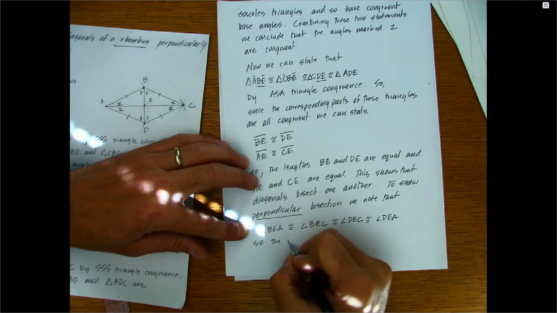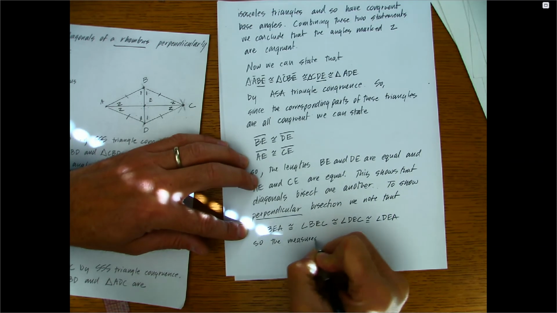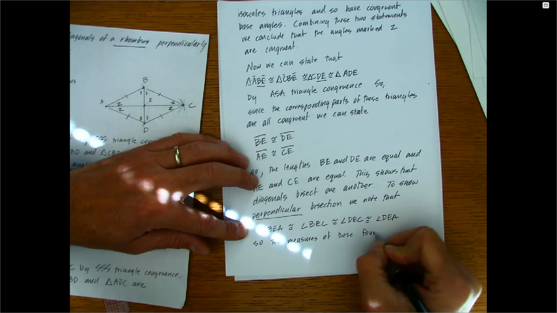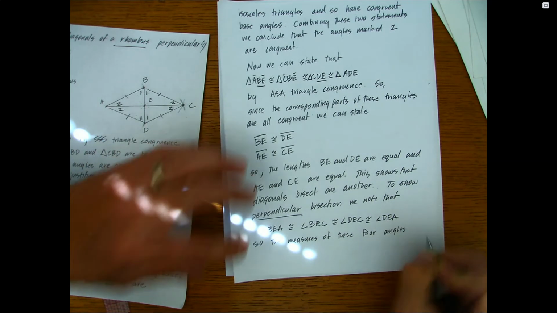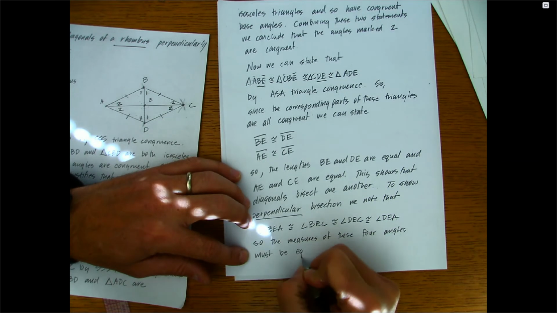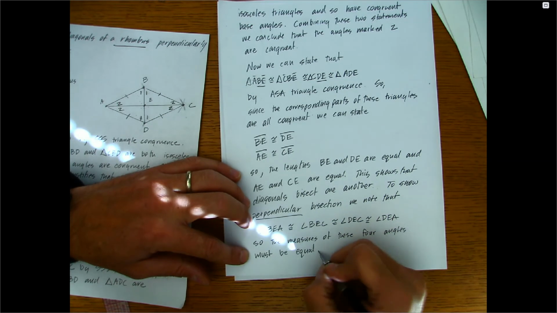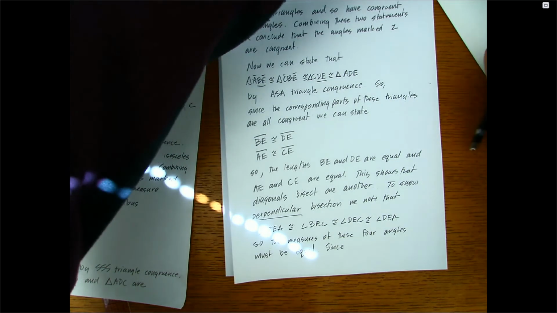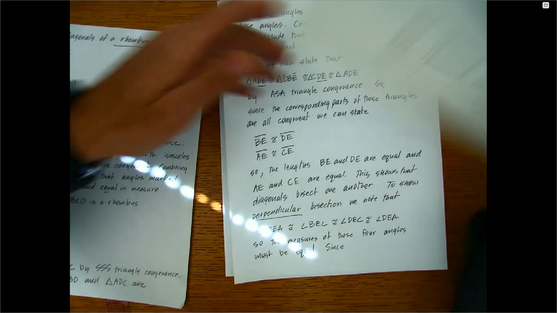So the measures of these four angles must be equal. Since we're going to use this fact, I guess I should get my proof card out just to make sure we're all on the same page.